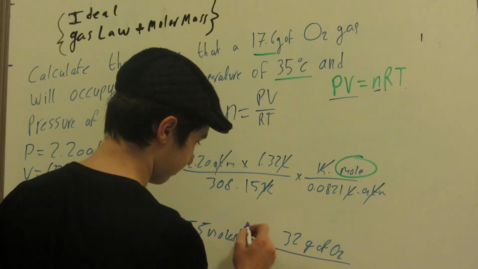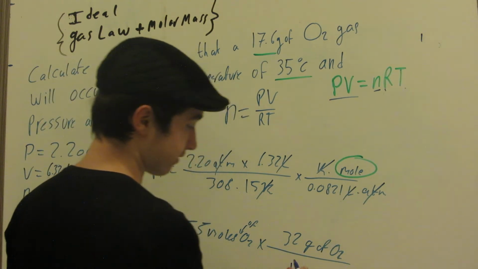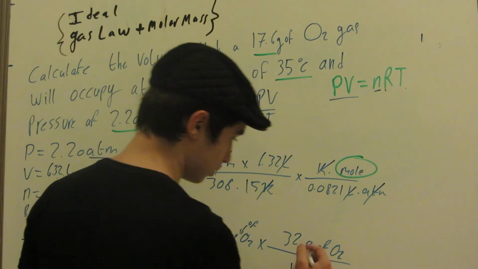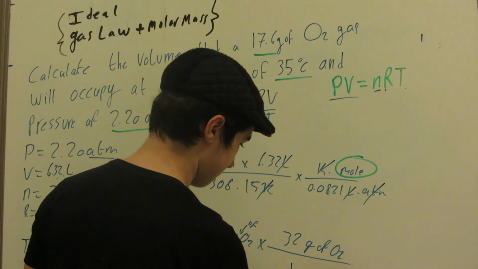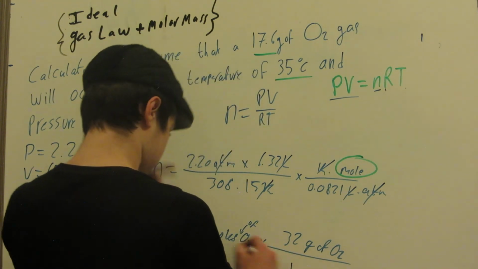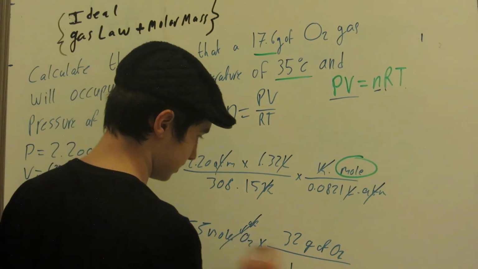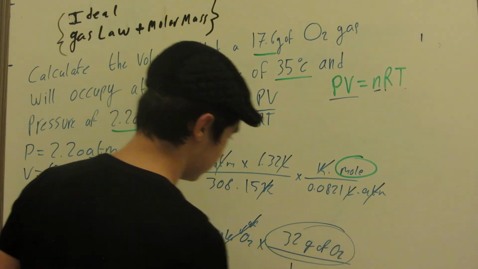Let me put here a fraction, and down we're going to have 1 mole of O2, because for each 1 mole we're going to have 32 grams. So we have 0.55 moles. This cancels this out. We're left with this here.